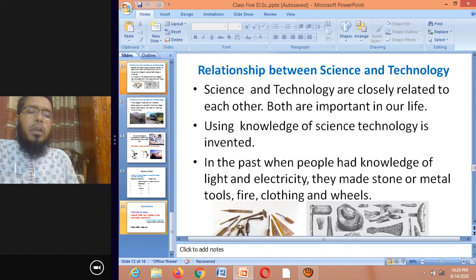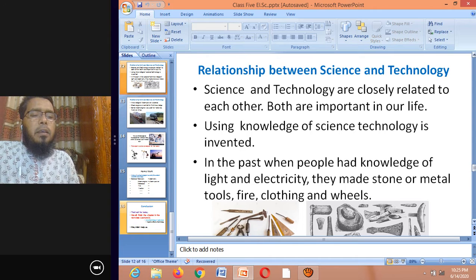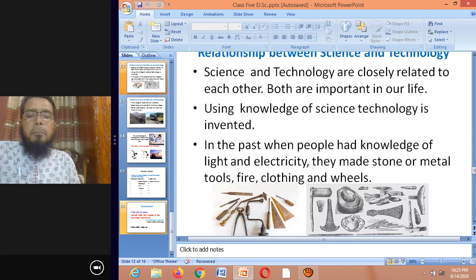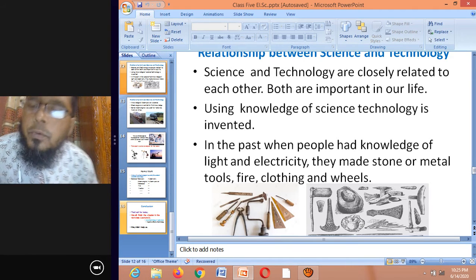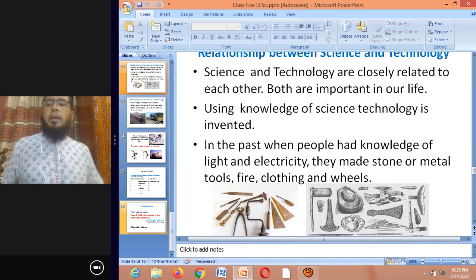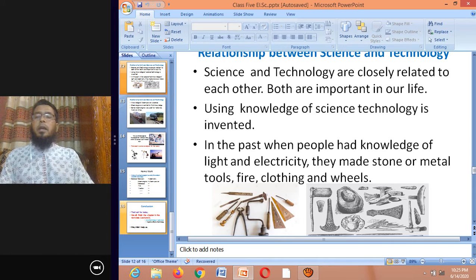In the past, when people had knowledge of light and electricity, they made stone or metal tools, fire, clothing, and wheels. You can see these are the stone made weapons and metal made weapons or tools which are essential and used in our day-to-day life.